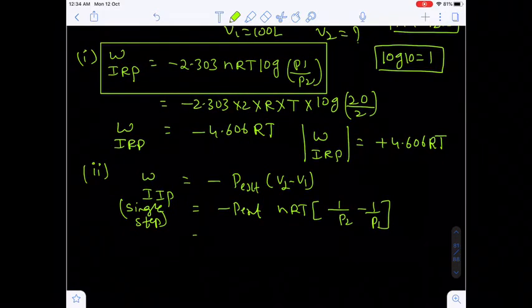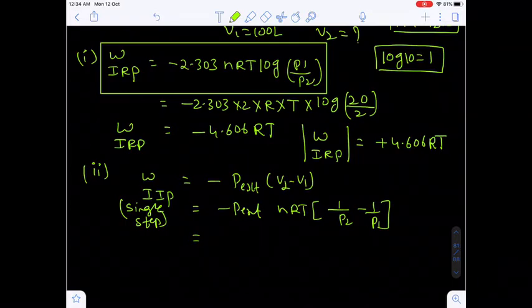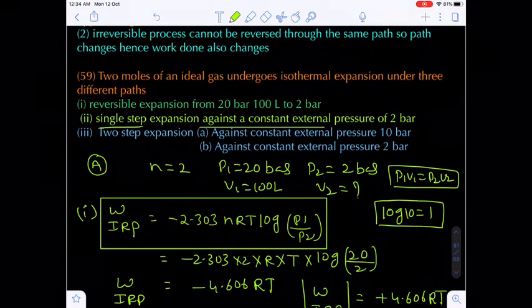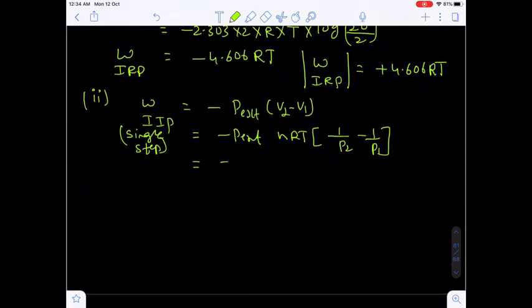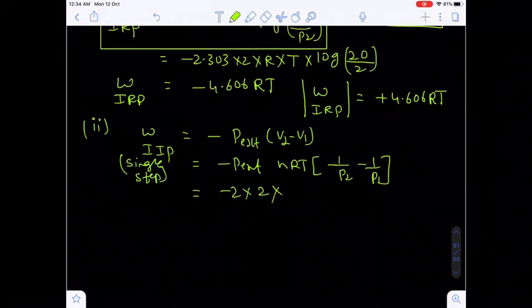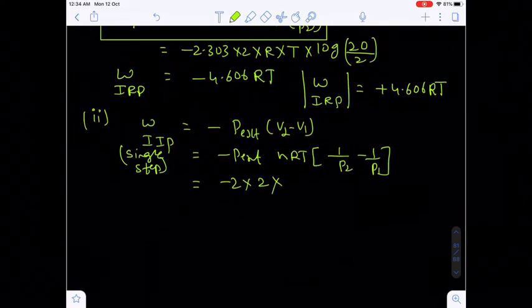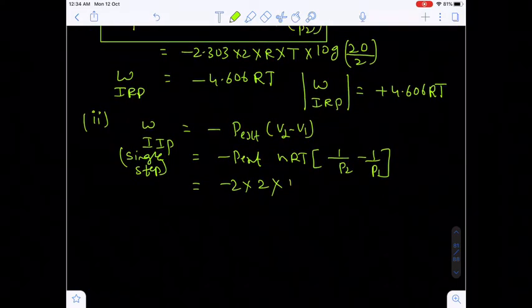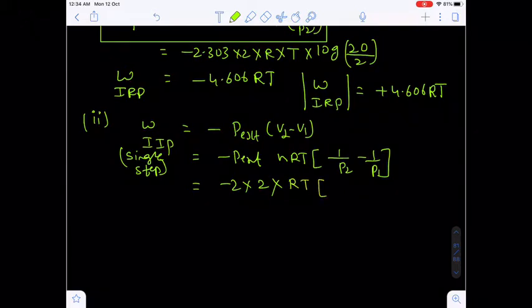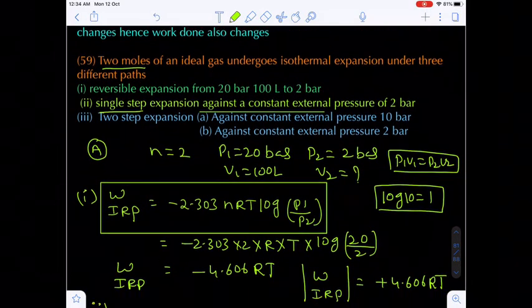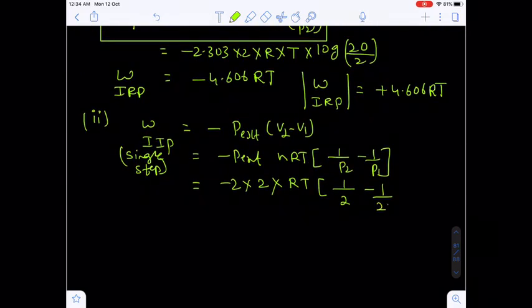Now here the external pressure and the final pressure are both equal, so the final pressure will be 2 bar. That's why I am taking P external as 2 bar. Number of moles of ideal gas will be 2 moles. Next, R value as it is and T value as it is. 1 by final pressure, which is 2 bar, minus 1 by initial pressure, which is 20 bar.